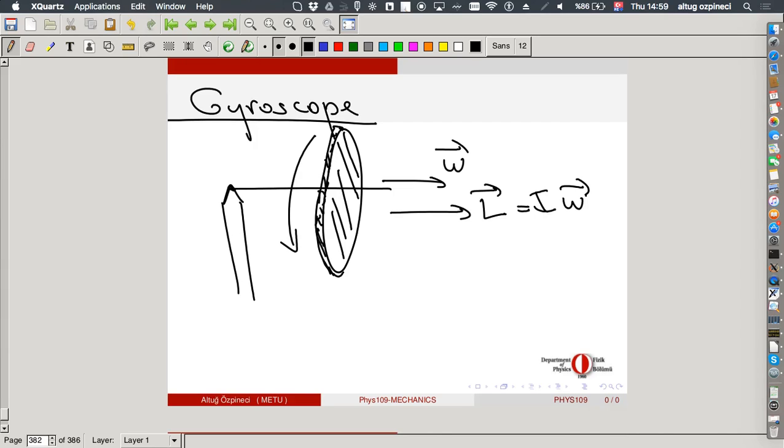What is the torque? What are the forces acting on my object? Gravity. It will be acting over here. There is the weight. Are there any other forces? Friction, ignore friction.